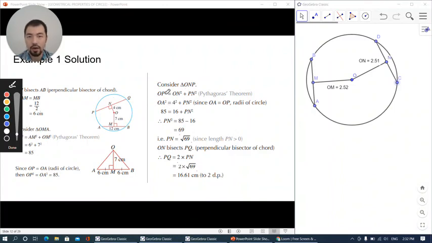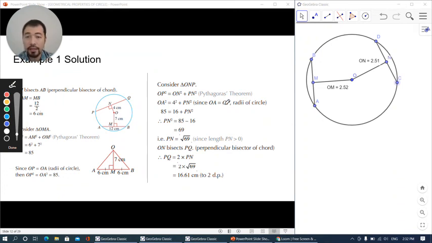Since OP squared equals OA squared, we can say 85 equals 4 squared plus PN squared, which is 85 equals 16 plus PN squared, and then PN squared equals 85 minus 16 equals 69. So PN here is square root of 69.